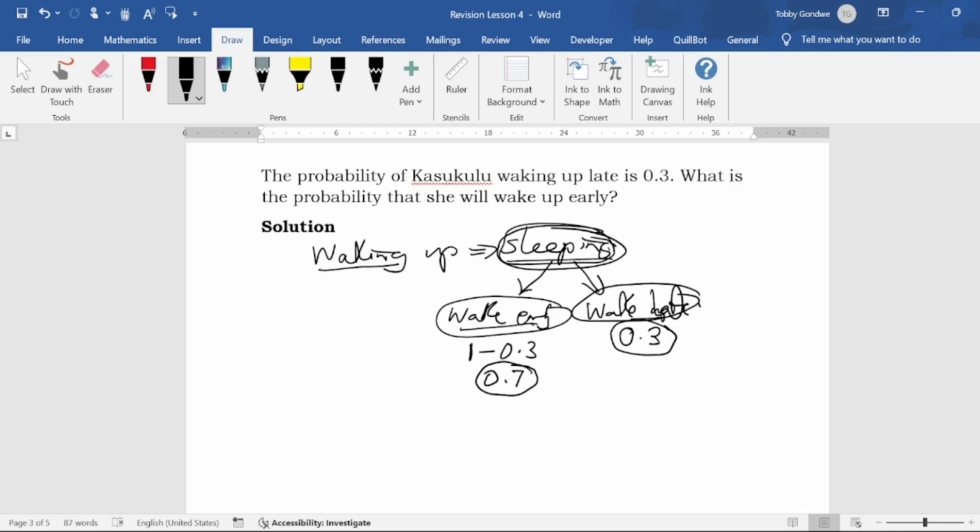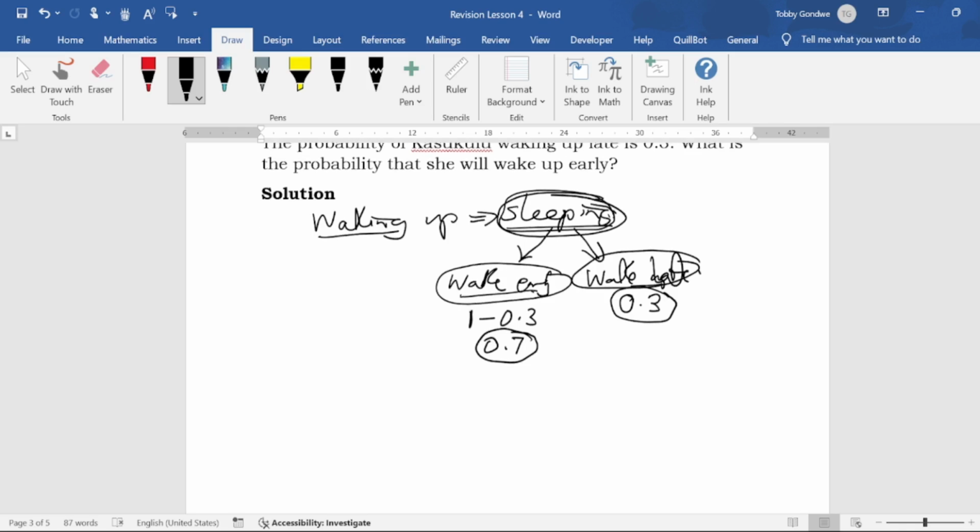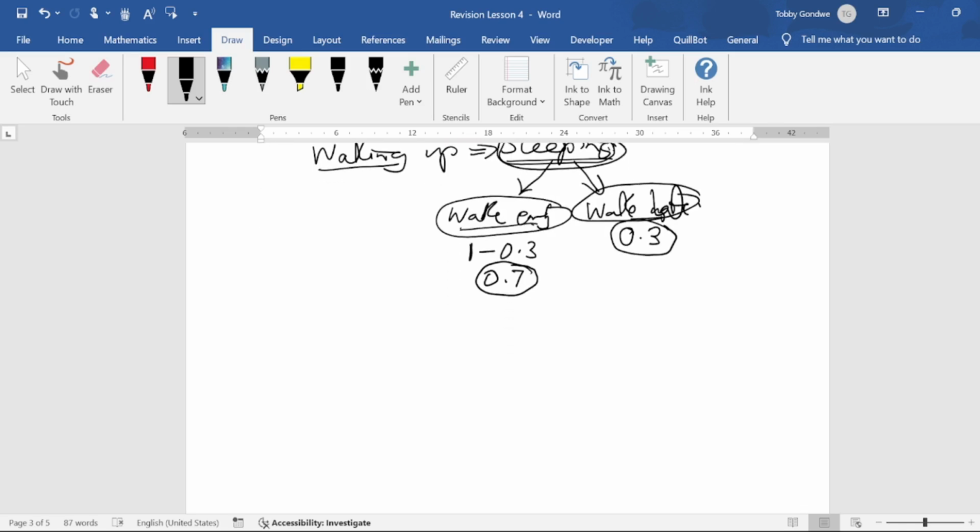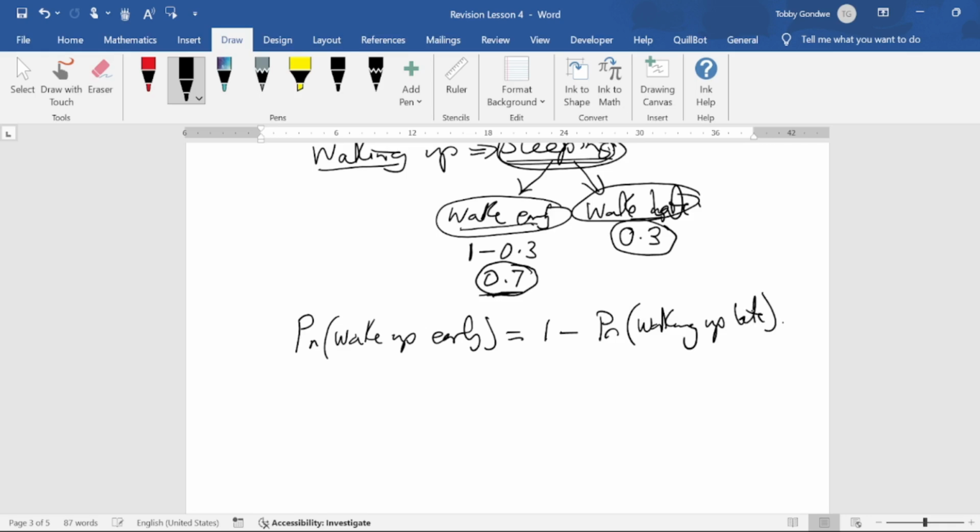So now we are told, what is the probability that she will wake up early? What is our answer? Our answer is this one. The probability that she will wake up early is equal to 1 minus the probability of waking up late, which we are given.